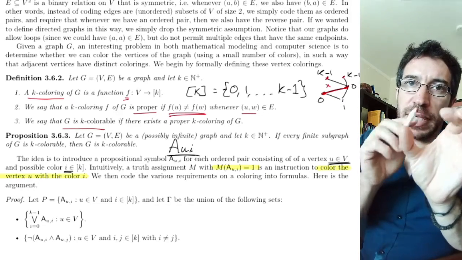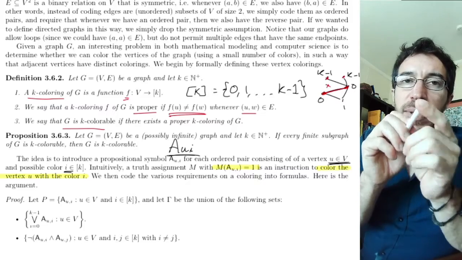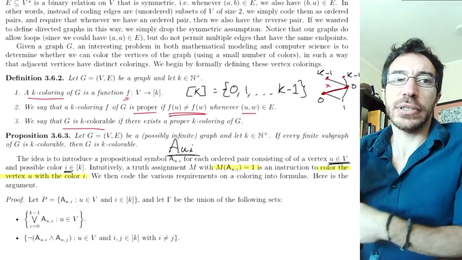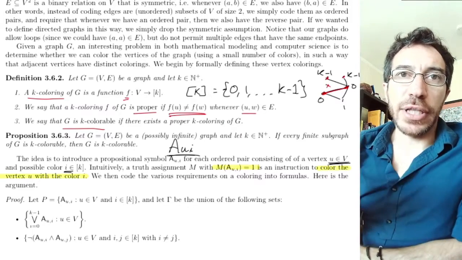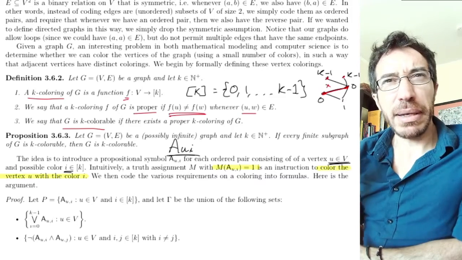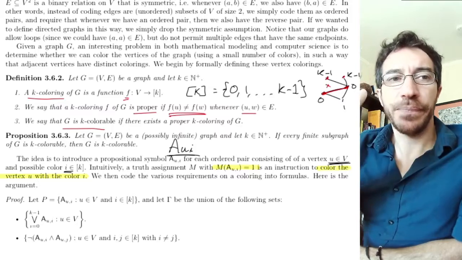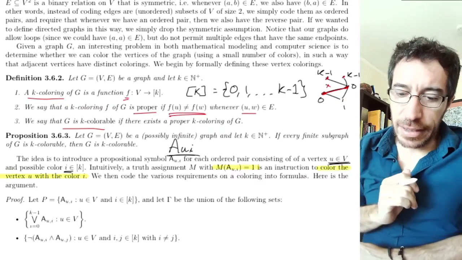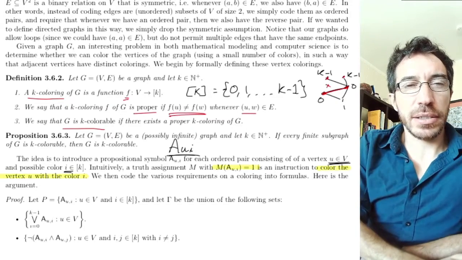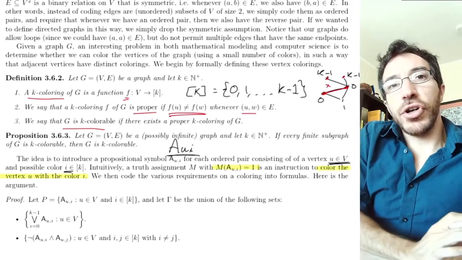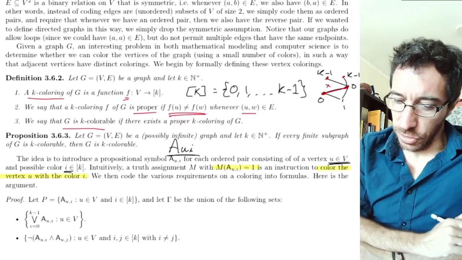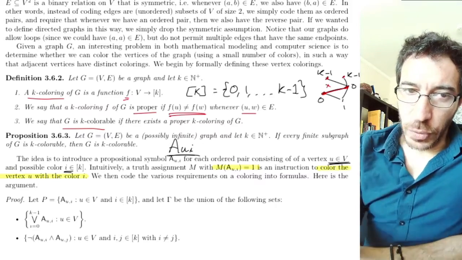So each vertex must be assigned a single color, not many colors. So let's see how we write all that together. And then you say, okay, maybe I can figure it out. Maybe now with this idea, let me try to do it before I read. Okay, do that. And now come to read and see if it matches what you did and if you maybe forgot something or not. Okay, so we continue reading.